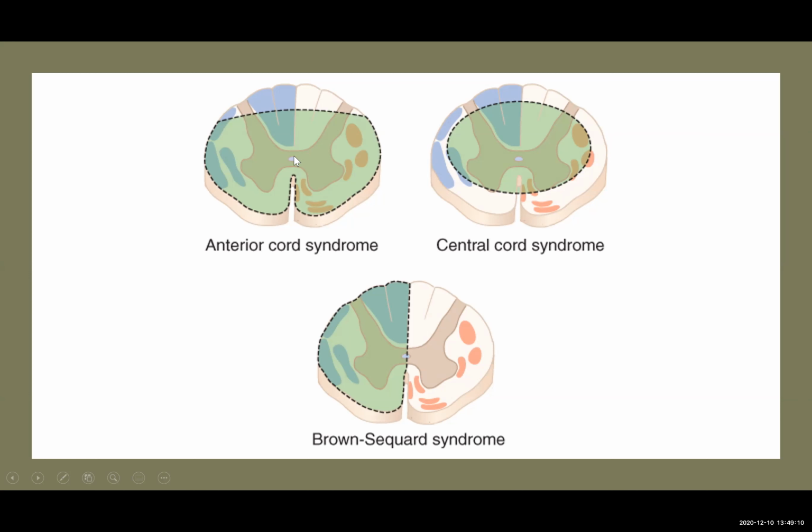This is your typical traumatic injury, but you see it's getting that lateral spinothalamic tract, all of your sensory components in the front and the lateral cord, all of your motor components, and they might have some proprioception spared, some 2-point, but it's very common that the whole cord can be wiped out. But if they end up having proprioception and 2-point discrimination, then that's a true anterior cord syndrome.